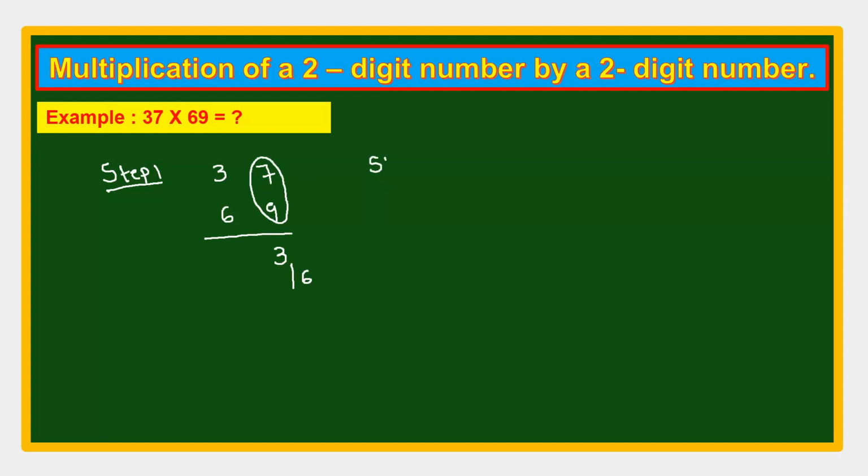In step 2, 37, 69. We already got 3 here and 6 here. Right. In step 2, we have to do cross multiplication. It means multiply 6 by 7 and 9 by 3, and you have to add the products.